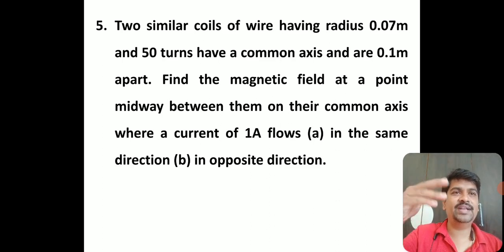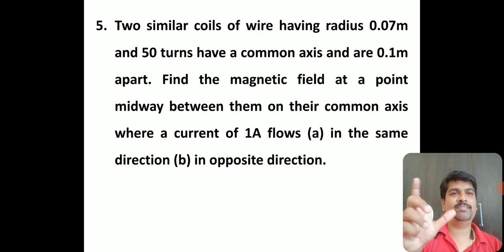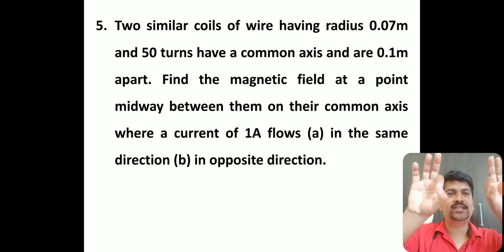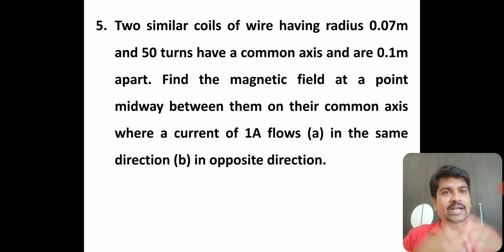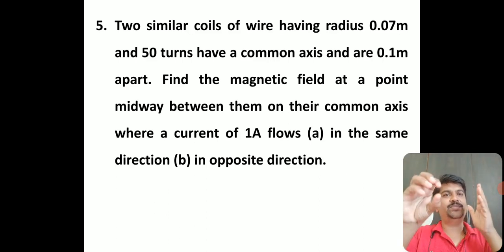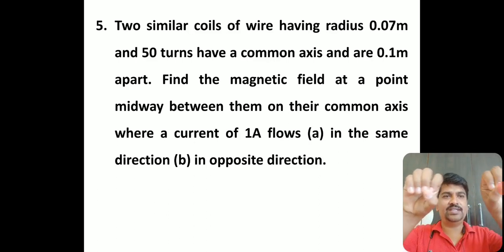Both coils have a radius of 0.07 meter and 50 turns, and both have a common axis, but they are separated by 0.1 meter. Now we need to find the magnetic field at a point midway between the two coils. These are the two coils.